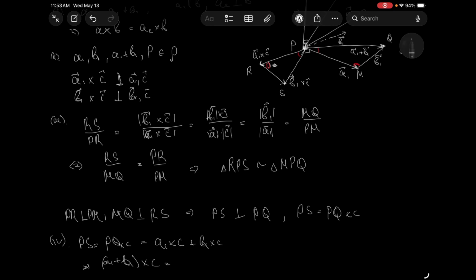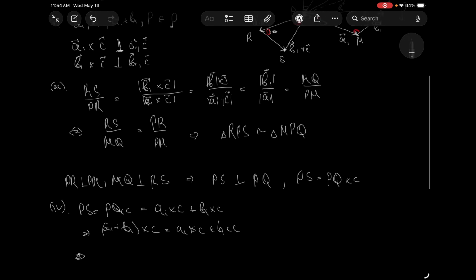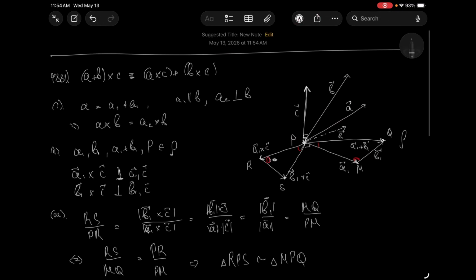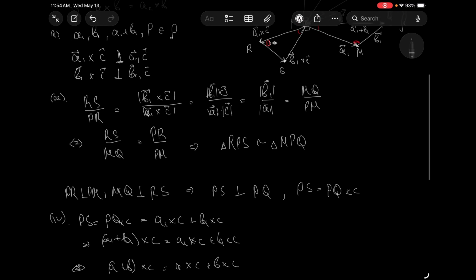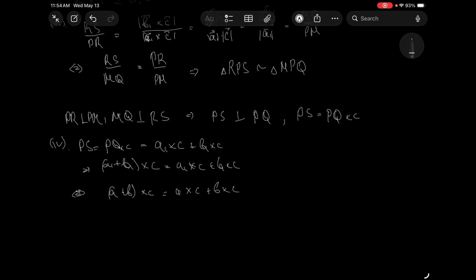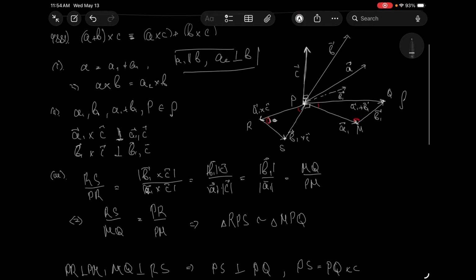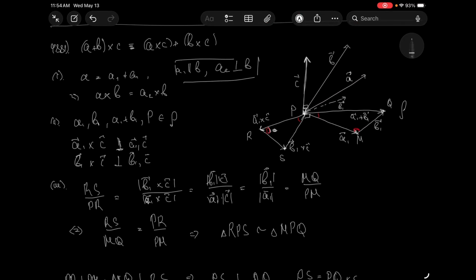So (a1 plus b1) cross c equals a1 cross c plus b1 cross c, which is equivalent to saying (a plus b) cross c equals a cross c plus b cross c because of this property that I mentioned in the beginning. This is the perpendicular component of the vector. So this has been proved now. This is the proof of the right distribution property of the cross product of different vectors.